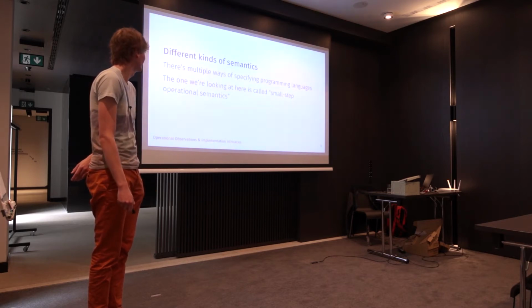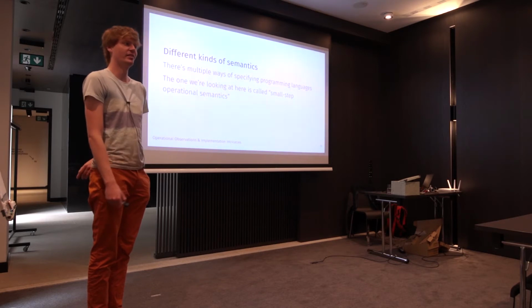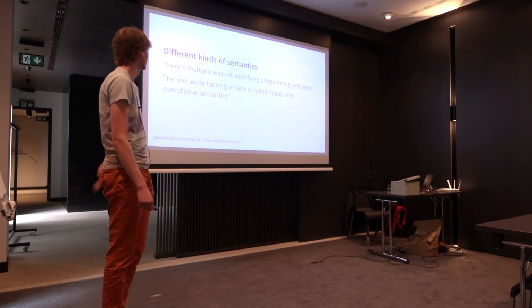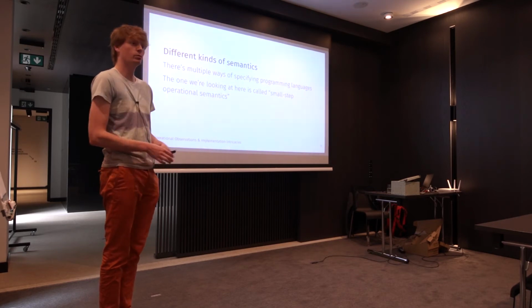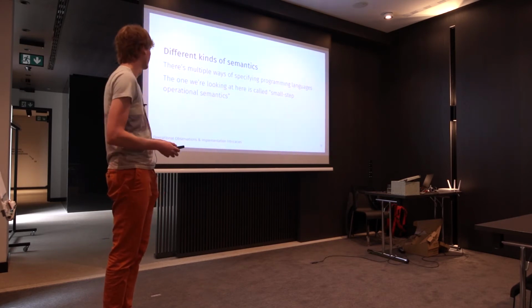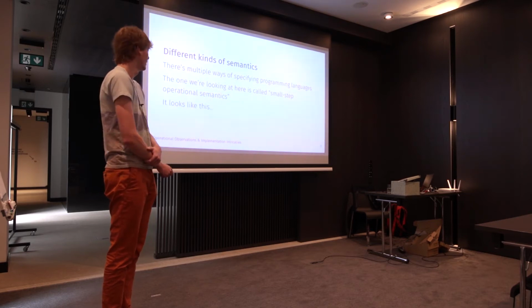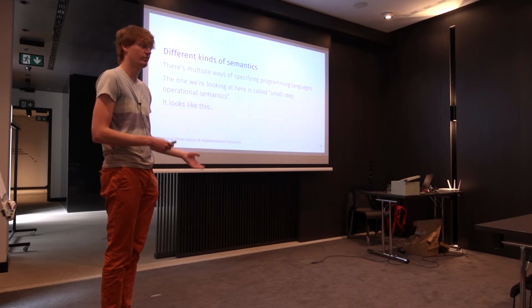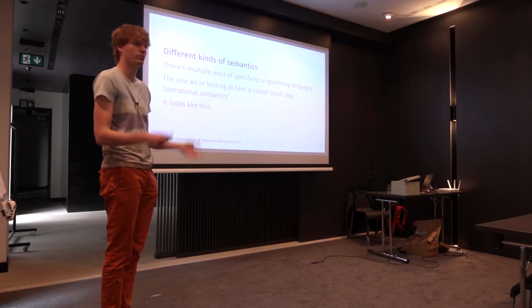All right. There are different kinds of semantics and different kinds of specifying what's going on in a program. The one we're looking at today is called small step operational semantics. There are other ones. I don't know the difference per se, but they apparently have different pros and cons.